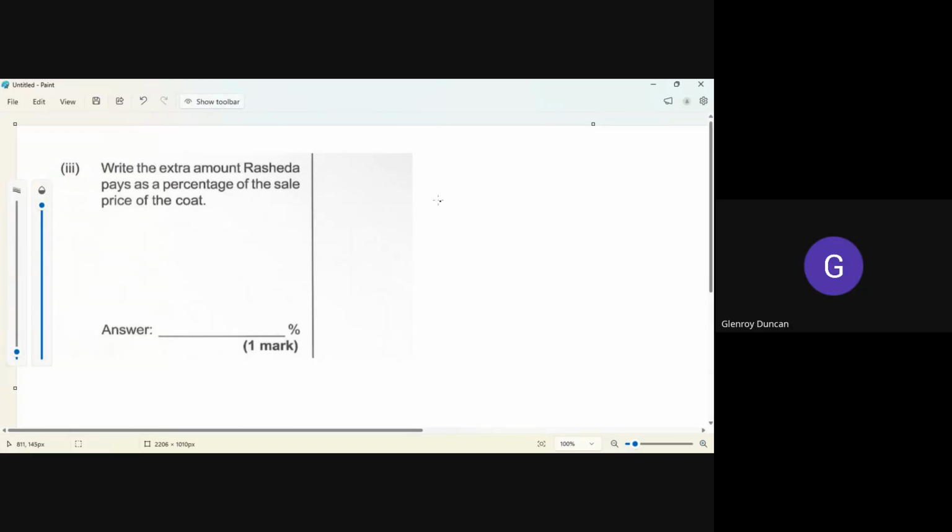So you put the 1700 over 8500 times 100 over 1, because percentage is always out of 100. Excellent. Percentage is always out of 100. And tell the class what we can do when we see so many zeros.